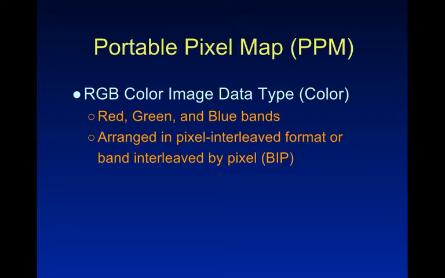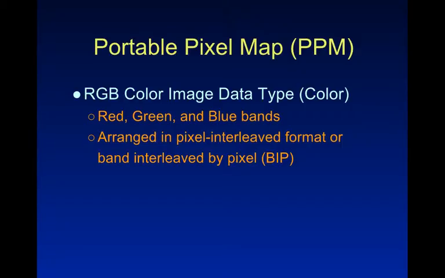The PPM format is what is known as band interleaved by pixel, BIP, which means that you get red pixel, green pixel, blue pixel, red pixel, green pixel, blue pixel. The other concept is band interleaved by line, which would say red line, green line, blue line, and then the last one is BSQ, which stands for band sequential.